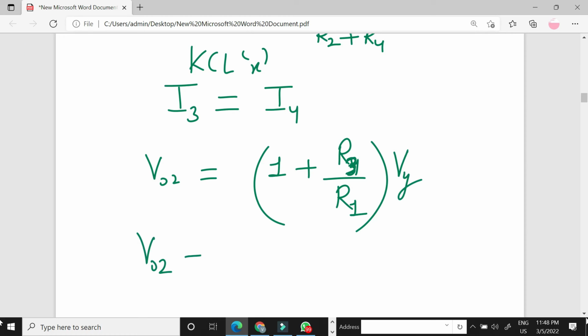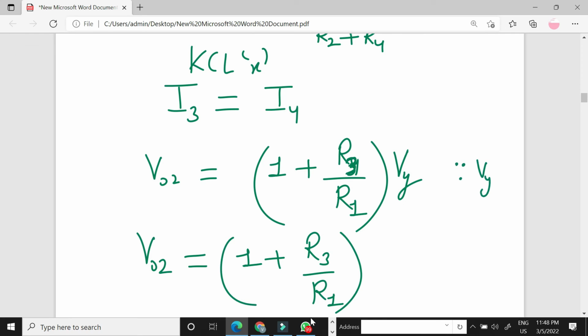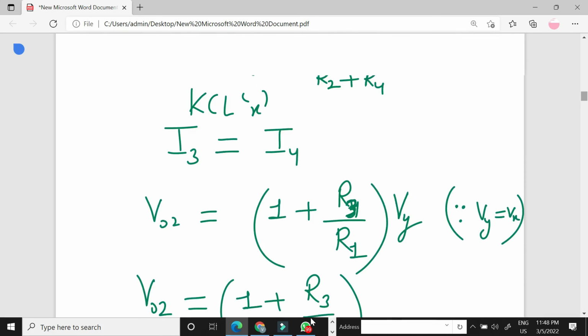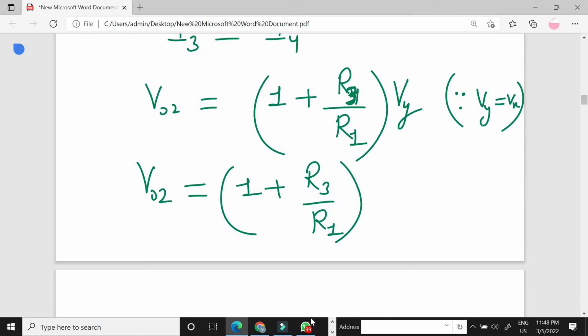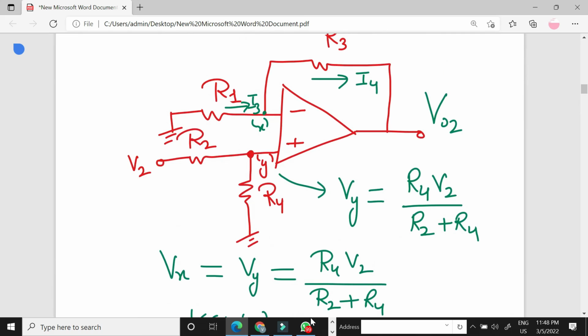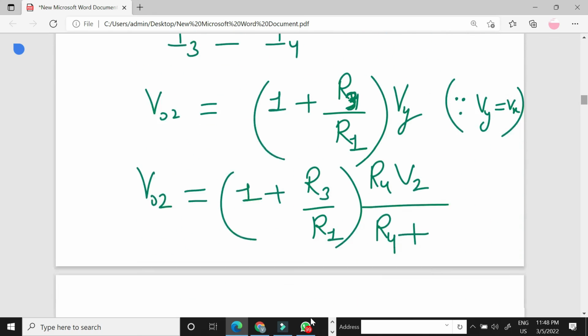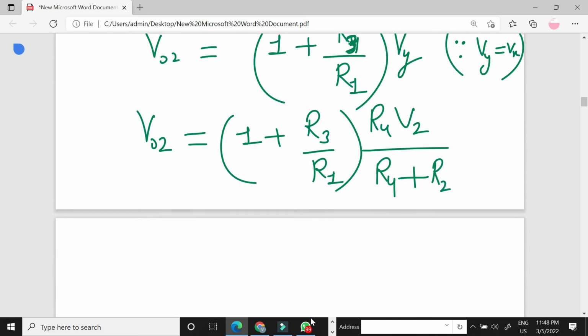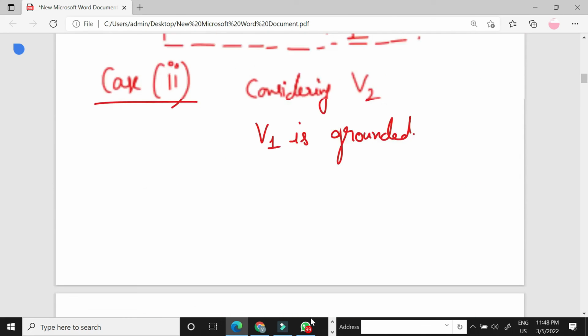So V naught 2 is equal to (1 plus R3 upon R1) into Vx, and Vx is equal to Vy, which is R4 V2 upon R4 plus R2. If we combine, this is equation number 2 and this is equation number 1.